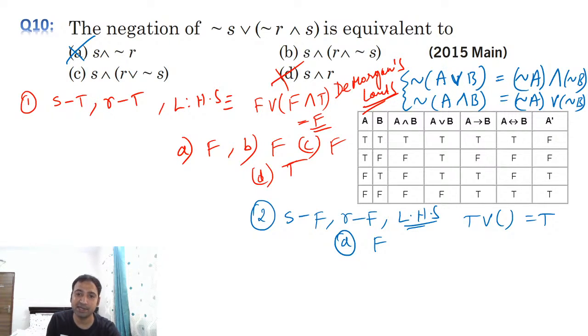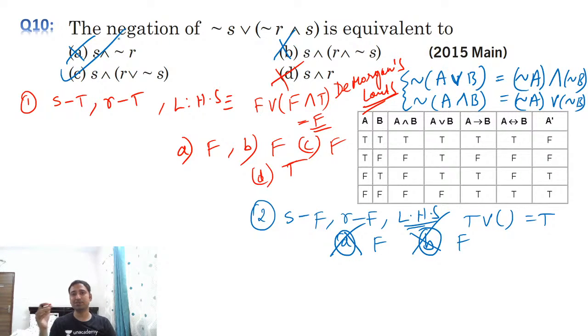Now let's verify option B. Option B is false and, so false and anything is false only. So option B is also gone. The only option remaining is option C.